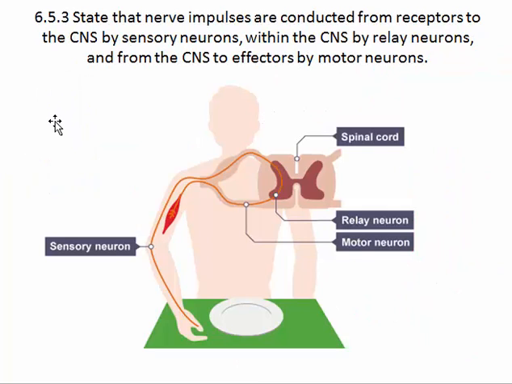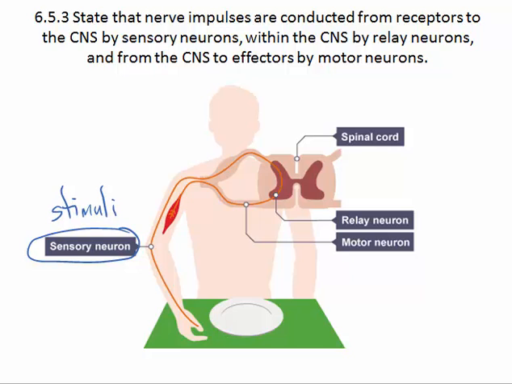In the next assessment statement, it says, state that nerve impulses are conducted from receptors to the CNS by sensory neurons, within the CNS by relay neurons, and from the CNS to effectors by motor neurons. So this figure is showing you that you have to sense something from your environment, so in your hand, those are called sensory neurons. They are sensing the stimulus or the stimuli.